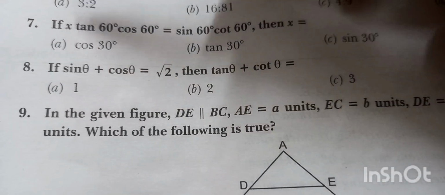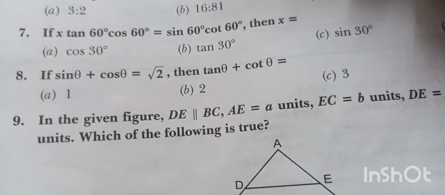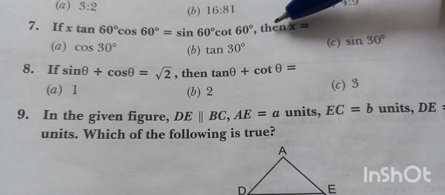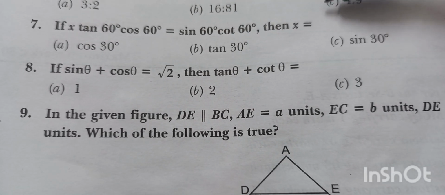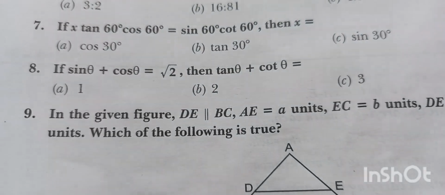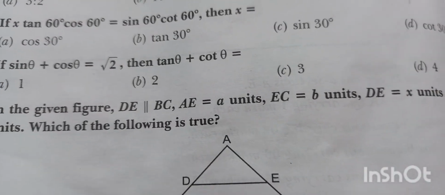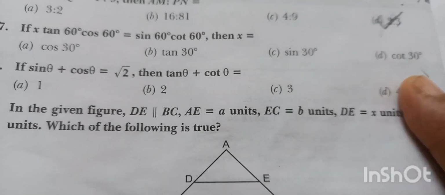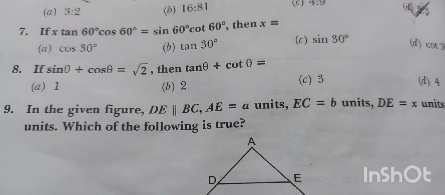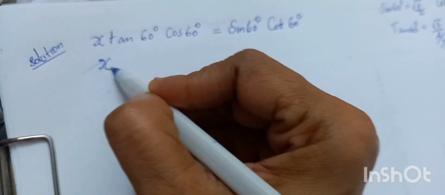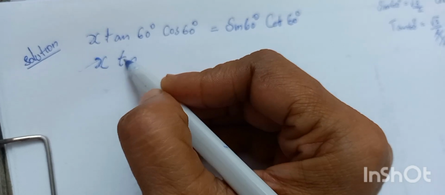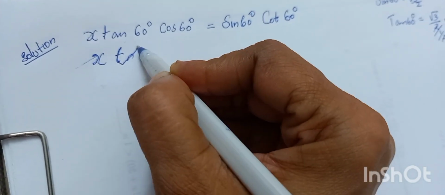Question number 7. If x tan 60 degree cos 60 degree is equal to sin 60 degree cot 60 degree, then x equal to, the options are given. Okay. So what is the answer? Let's do the problem. x tan 60 degree. Tan 60 degree is equal to root 3.